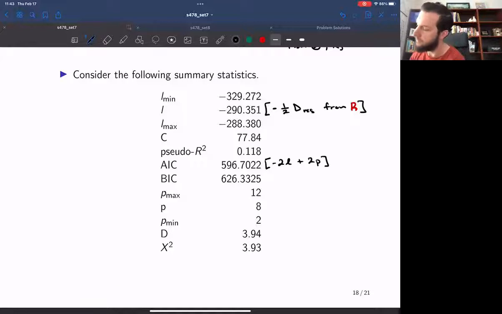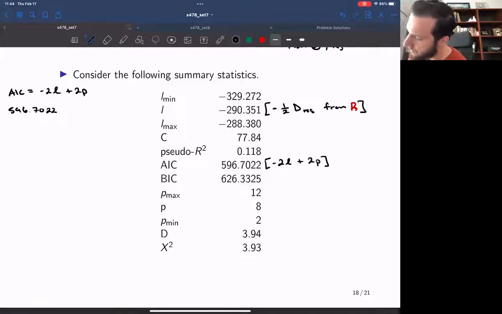Right, so we have 596.7022, which is equal to -2 times the log likelihood plus 2 times 8.